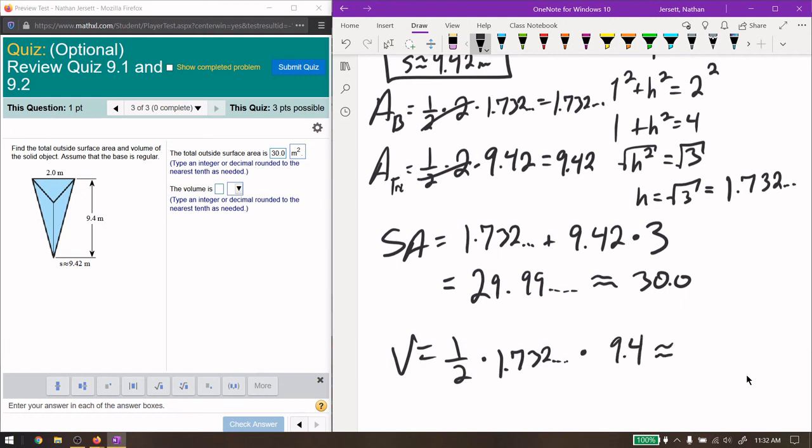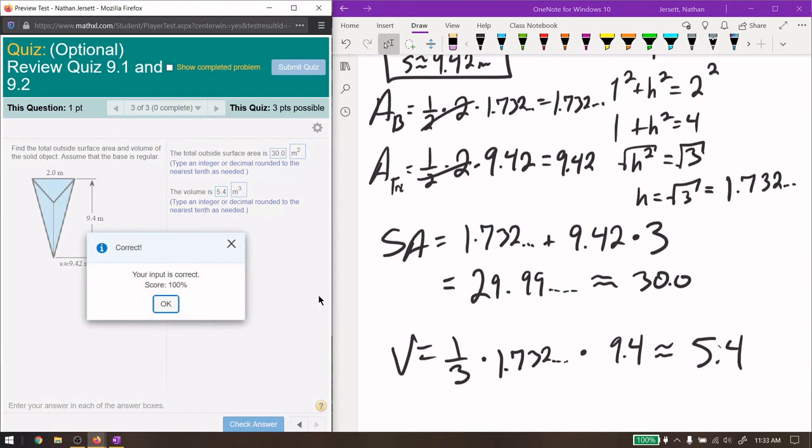Okay, doing this and rounding it to the nearest tenth, as it says in the problem, sorry, this isn't 1/2, this is 1/3. 1/3 times the base triangle area times the height. Yep, and that gives us 5.4 rounded to the nearest tenth. 5.4. And this is always in cubic units, so meters cubed. We're going to check our answer, and it is all correct.